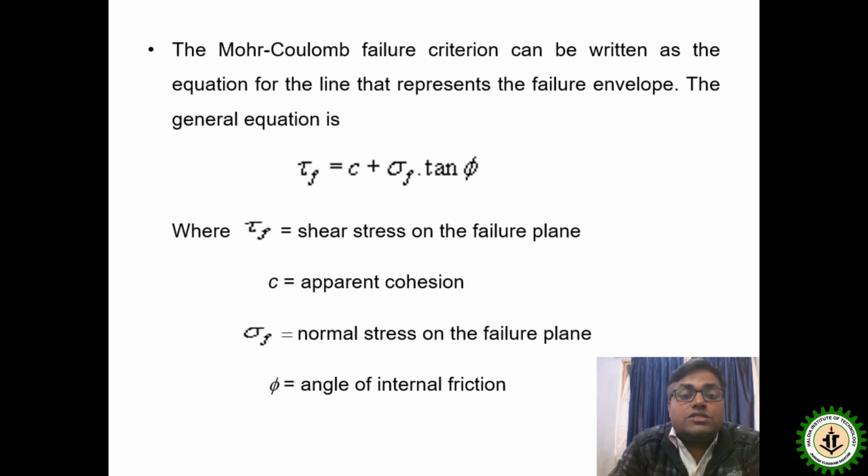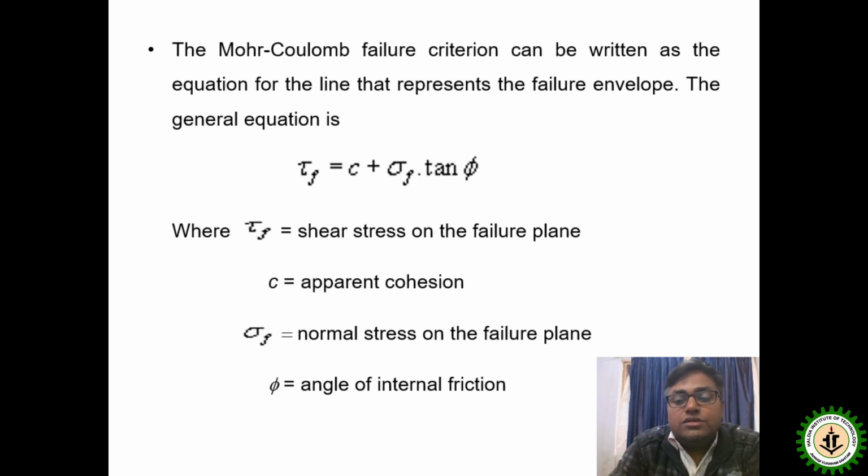Tau f is the shear strength, or the maximum shear stress on the failure plane. C is the apparent cohesion. Cohesion is the particle to particle interaction force. Sigma f is the maximum normal stress acting on the failure plane, and phi is the angle of internal friction.